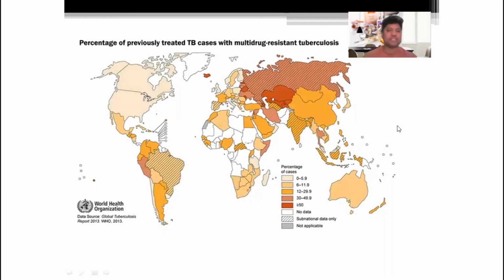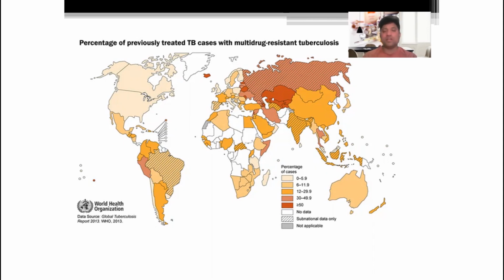This diagram indicates the percentage of patients with previously treated tuberculosis cases with multi-drug resistant tuberculosis. These patients were treated successfully, but after a while, maybe after 1 year or maybe after 6 years, they relapse. They become infected again with multi-drug resistant tuberculosis.